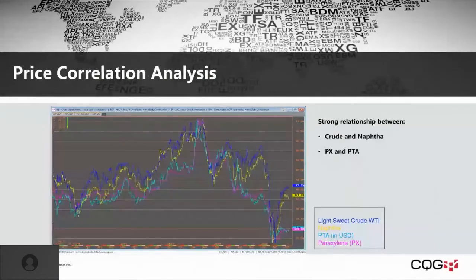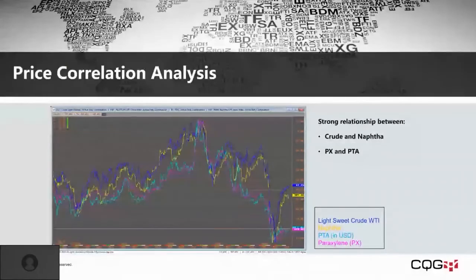So obviously the correlation here, or what we're going to be looking at, is going to be focusing on crude. We'll see that crude and naphtha basically have a very strong correlation. PTA and PX also have a strong correlation, obviously.